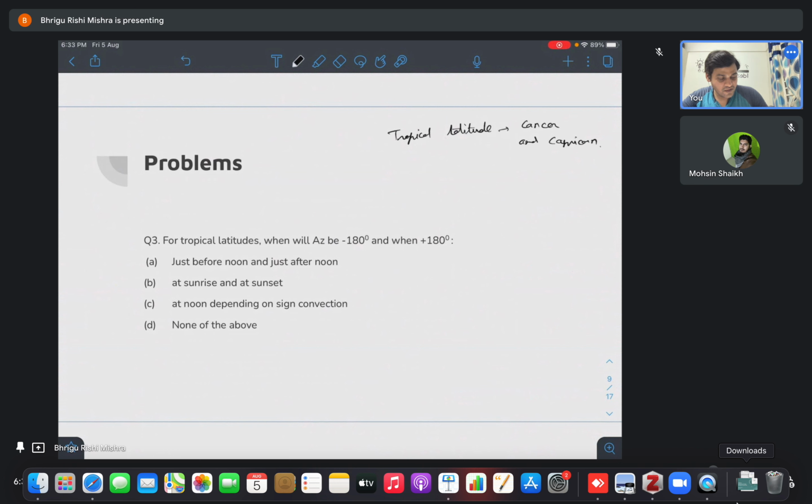At these positions the sun is overhead, at the top, and radiates normally to the earth's surface. So in these two cases theta z, the zenith angle, is 0 degrees.